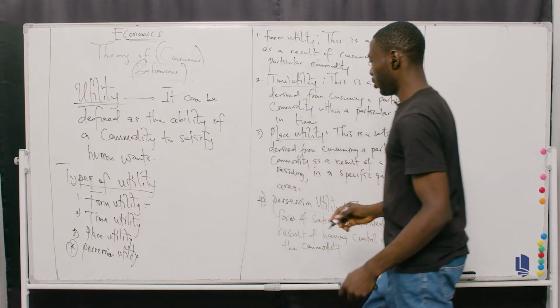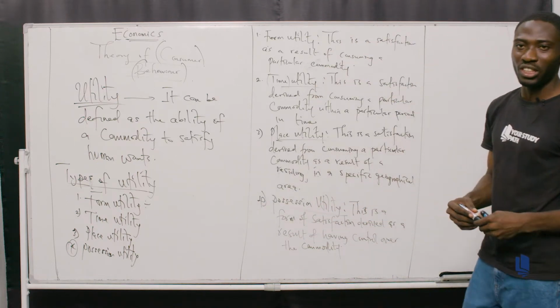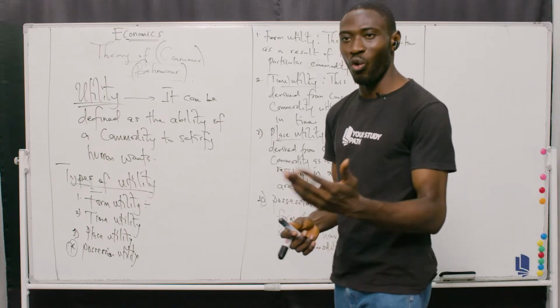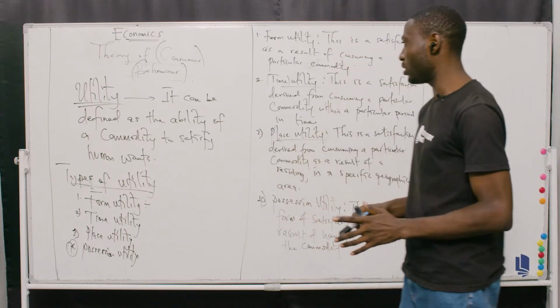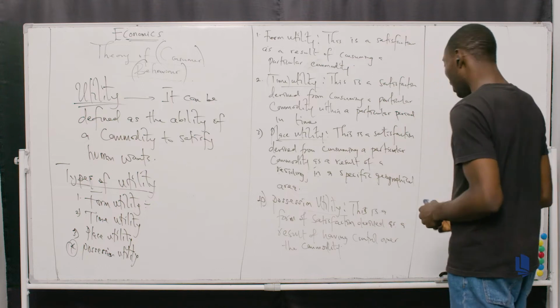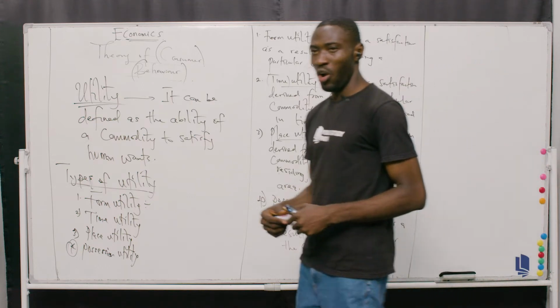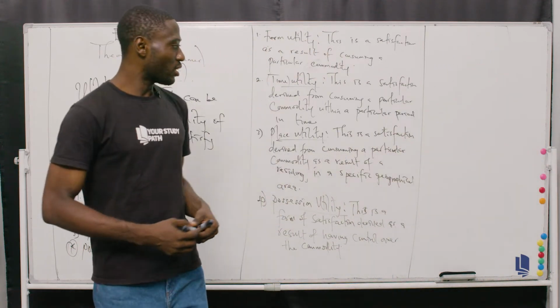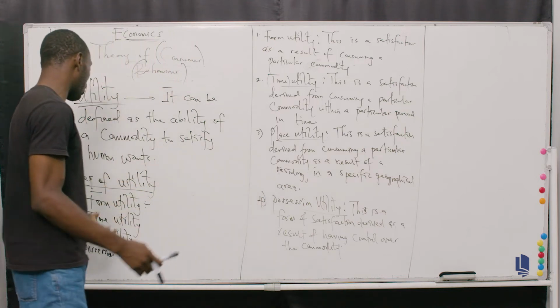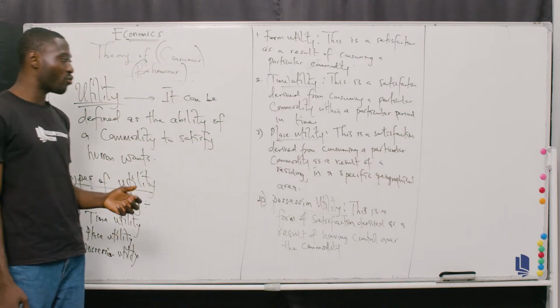You have control over that commodity. So these are the types of utility, or you can call them the forms of utility.